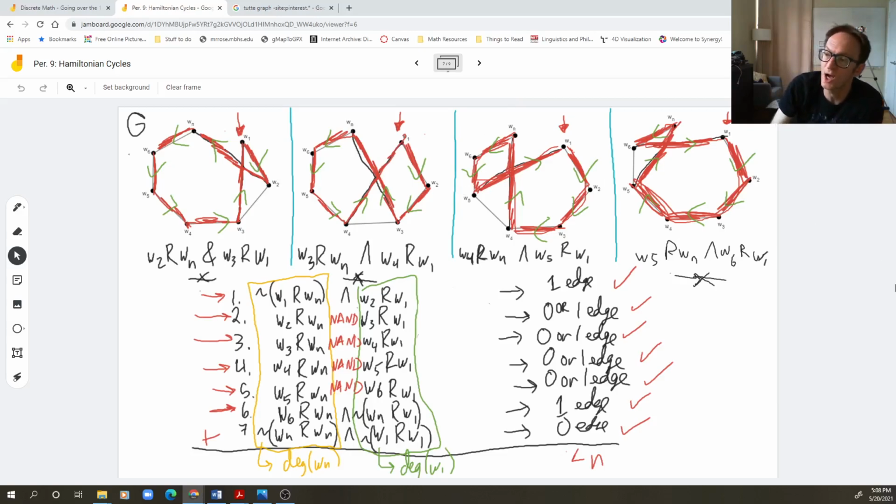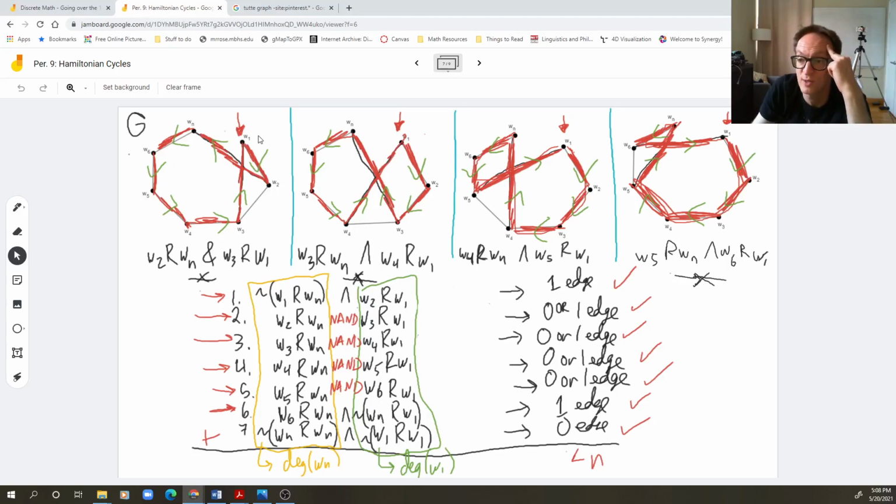Then there was a long conversation in which we reasoned that we define these vertices by the order that they appear in the Hamiltonian cycle in G prime. You can't have a situation where two consecutive members of that cycle have the following property: the first one is friends with Wn and the next one is friends with W1.